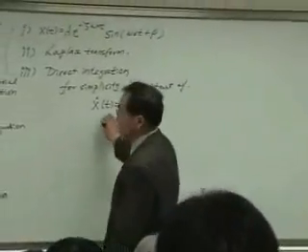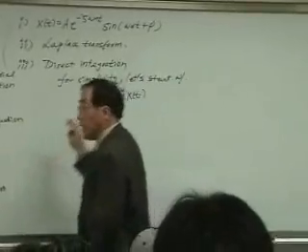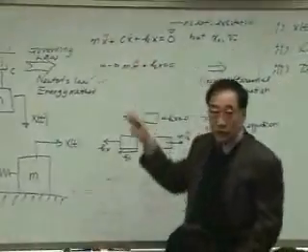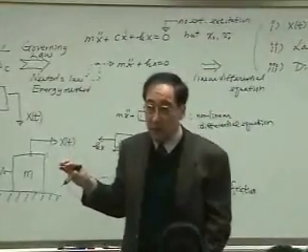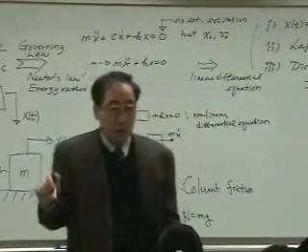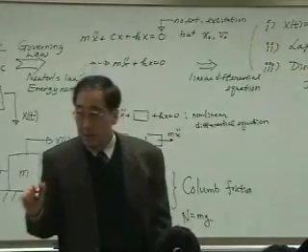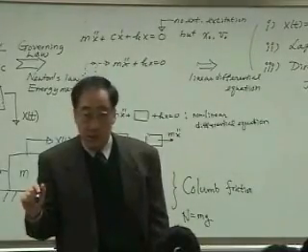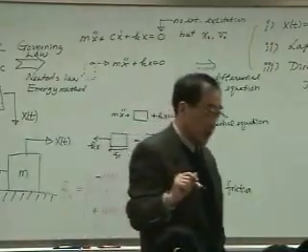If you know this, then probably we can understand how to solve, or how to get the solution or the response of m x double dot plus c x dot plus k x equals 0 numerically. Okay? So let's see this case.